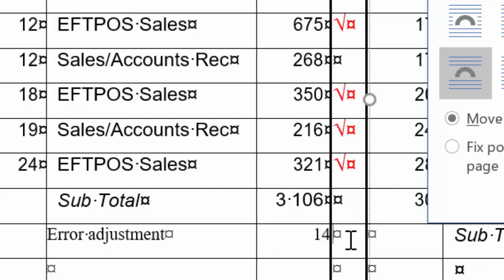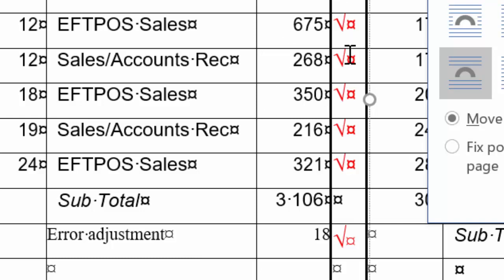Yep, $14, and I'm going to tick that off as well. Alternatively, what I could have done, that's not right, is it? It should be $18. I beg your pardon. The change between 268 and 286 is $18. Alternatively, I could have taken all of that out as a minus and put the new amount in. I've just made the adjustment, as you can see.